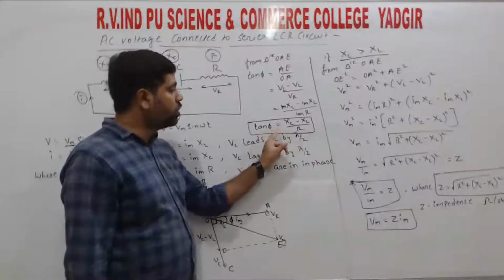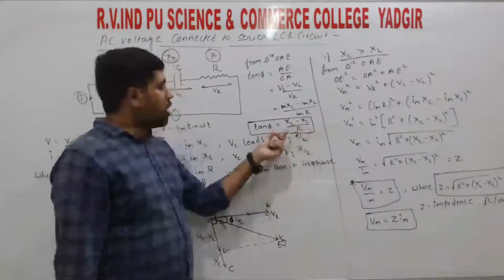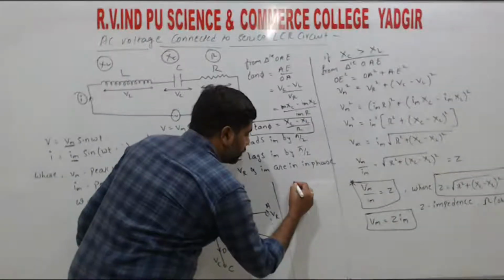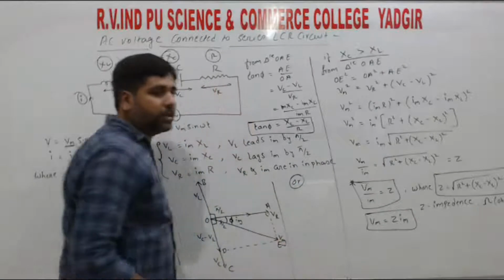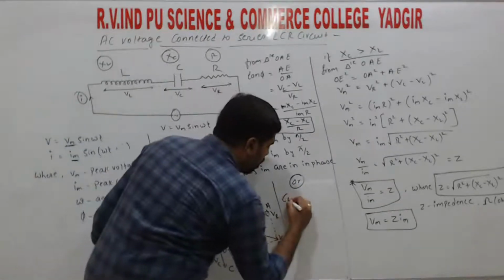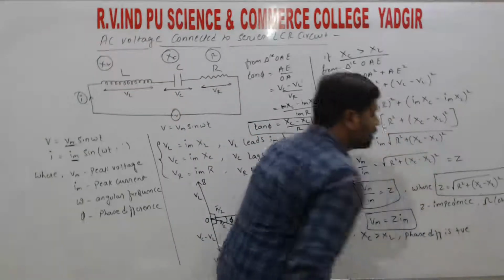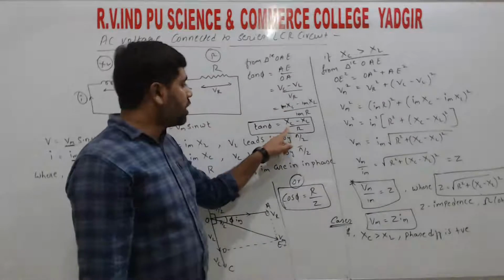So phi is equal to tan inverse of Xc minus XL divided by R. Or in another form, by the same triangle, cos phi is positive. That means the phi value we are getting here is positive.